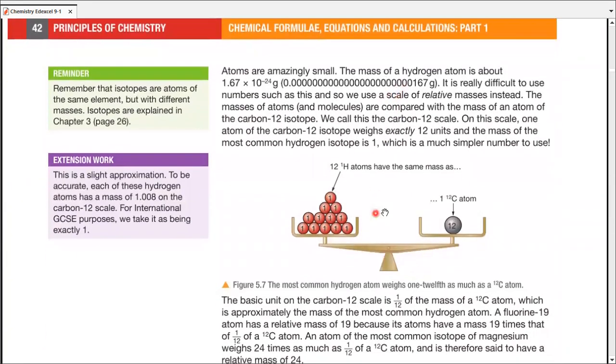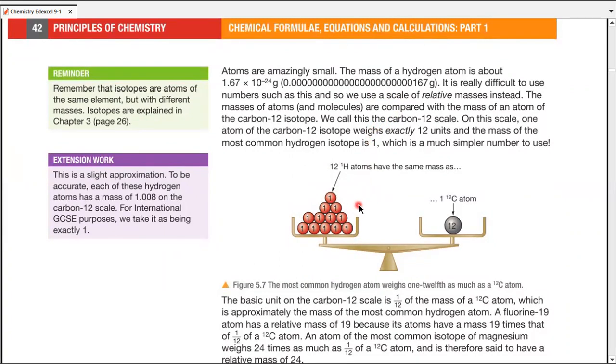We do understand that atoms are amazingly small. The mass of a hydrogen atom is given with so many zeros after the decimal point, which gives us the idea that we don't have a scale that can actually measure individual atoms. So what we do is that we try to measure them on a comparative or relative scale.